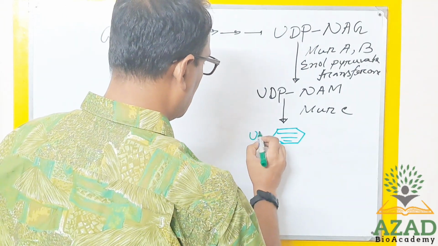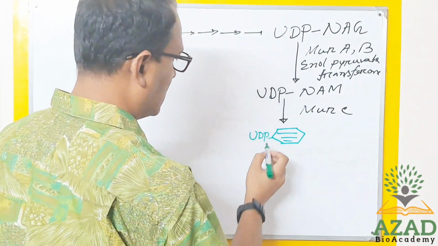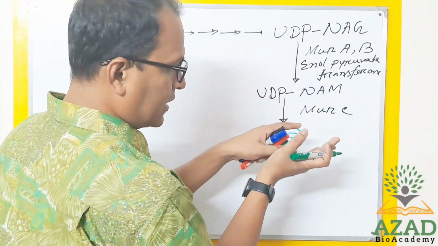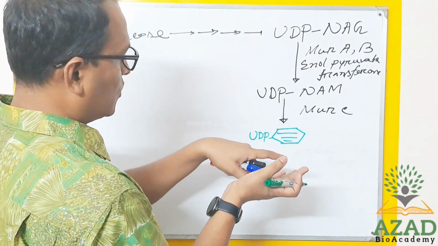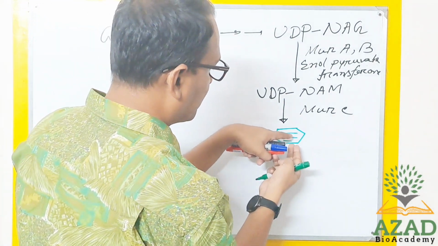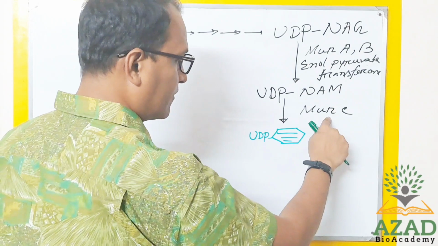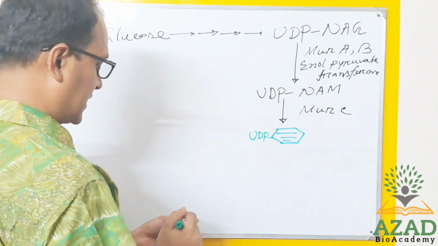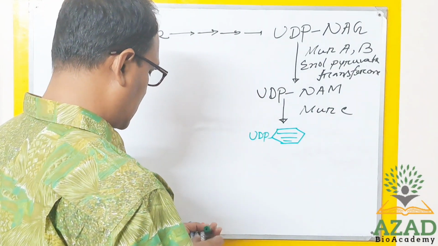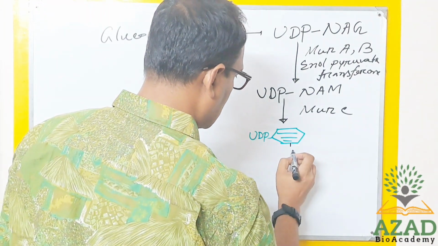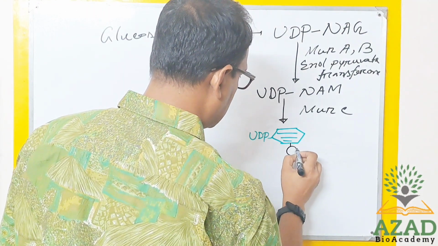So this is UDP, uridyl diphosphate. And one amino acid will attach to the N-acetyl muramic acid by the help of MUR-C enzyme. And then I will just draw one amino acid.